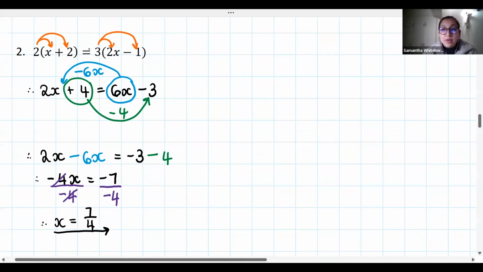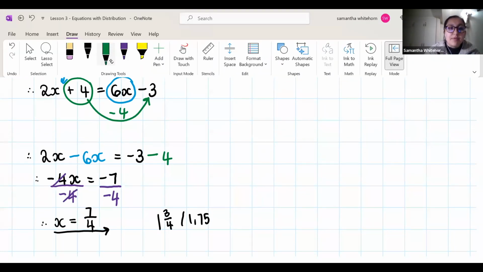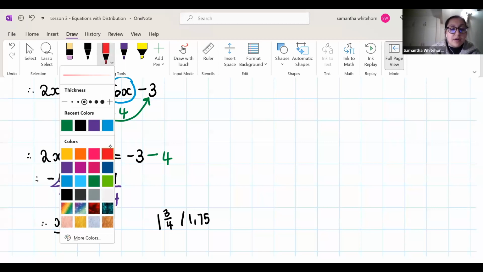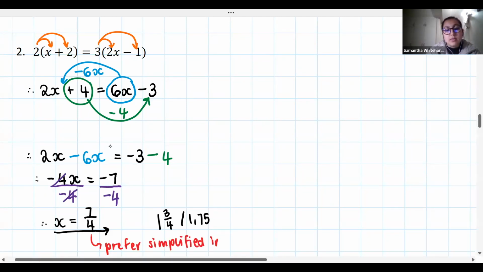Now, guys, we prefer improper fractions, but it is not wrong to write this as 1 3/4 or 1,75, but we prefer improper fractions. It must be simplified. As you move on with maths, you're going to find that improper fractions is generally what you want to be working with in any case.